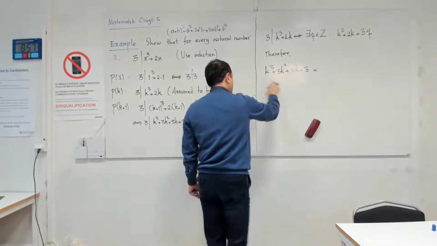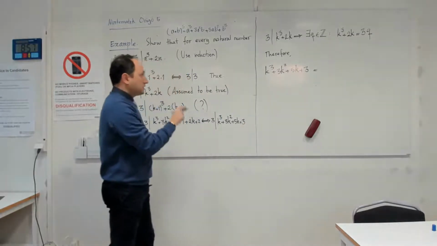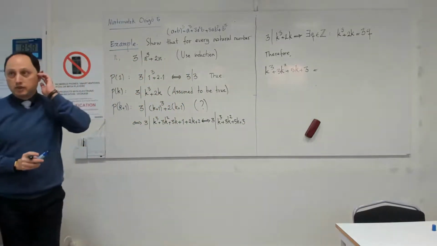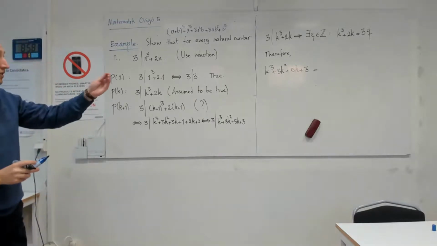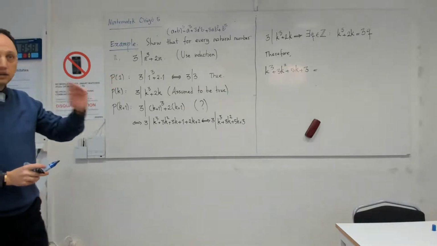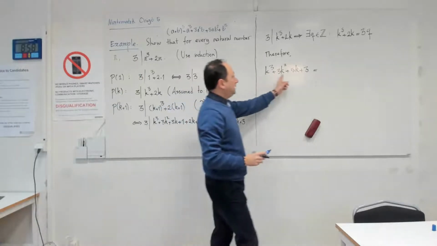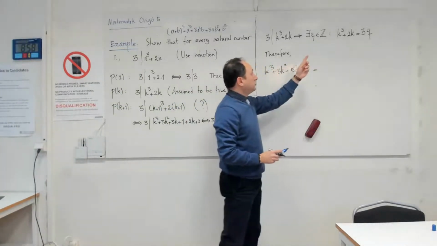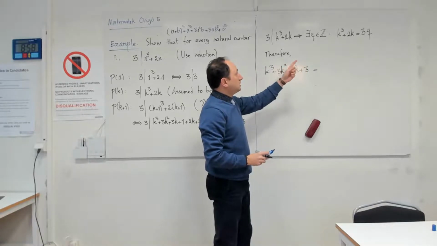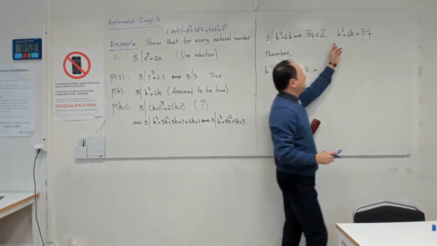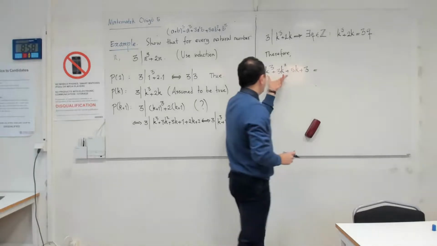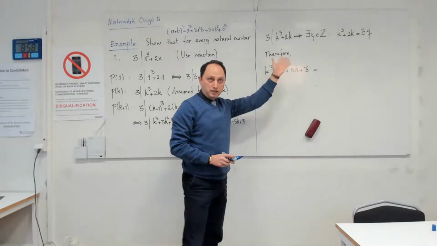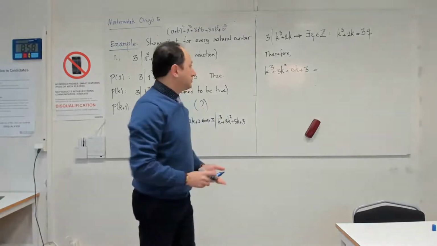I want somehow to write it in a way that I can use that piece of information. And I don't think it's hard. How should I write it down? That piece of information is related to the third power of k plus 2 times k, which is not exactly here, but I can rewrite this in a way that I can see that, yes? So what should I do?